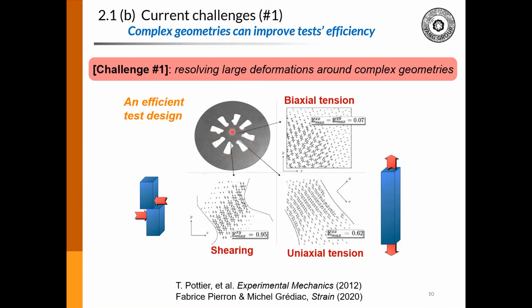So now you can still do the simple uniaxial tension experiment, but because the sample shape is quite complex, in some areas the strain may be under a biaxial tension state, in some areas uniaxial tension, and some areas may be shearing. So now you have just one sample under one simple loading mode, but your results can be quite fruitful. You have lots of data sets, but with a much smaller number of tests. So this can make your experiments much more efficient.